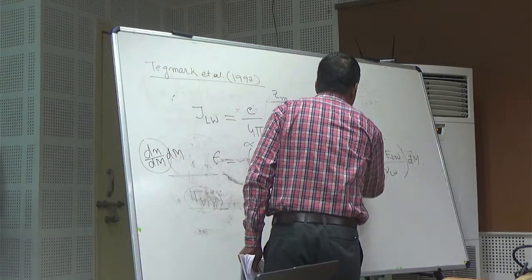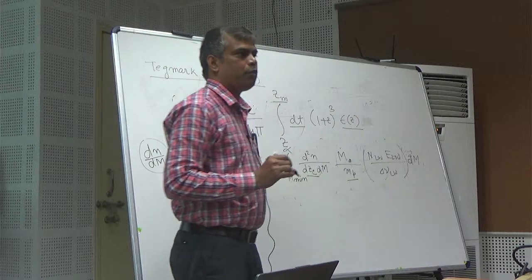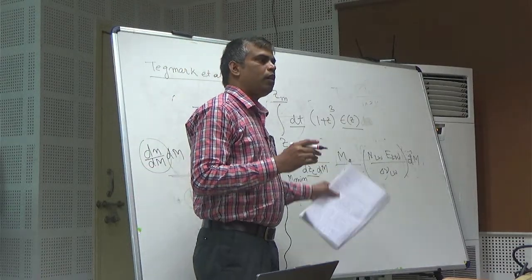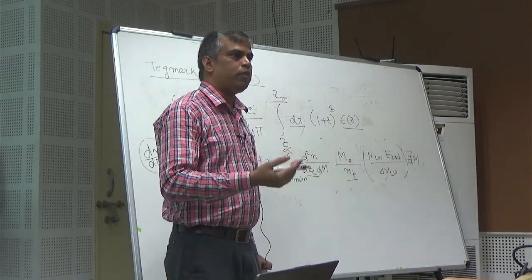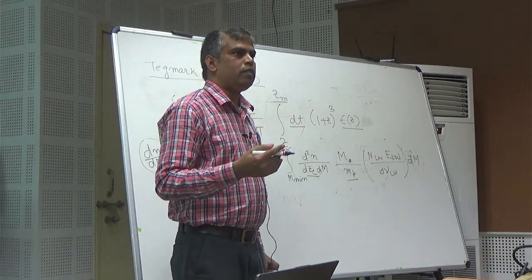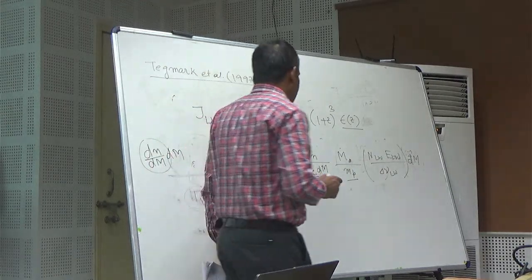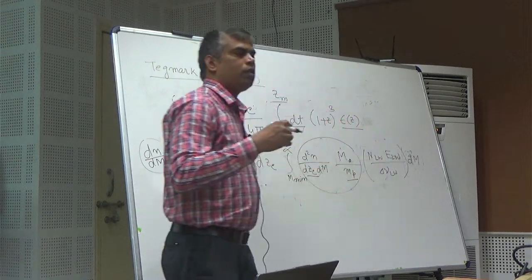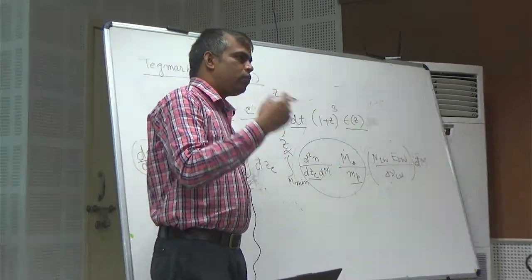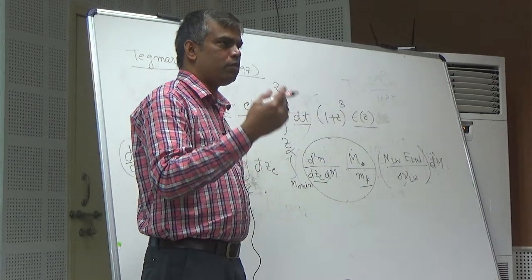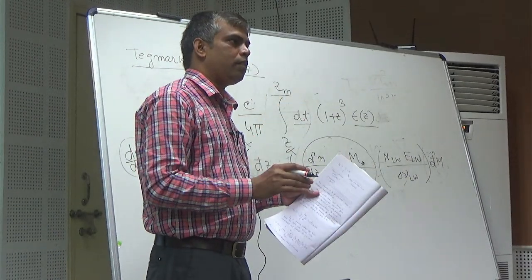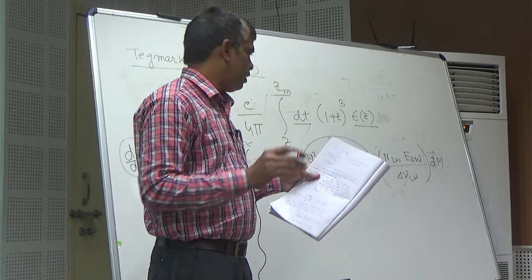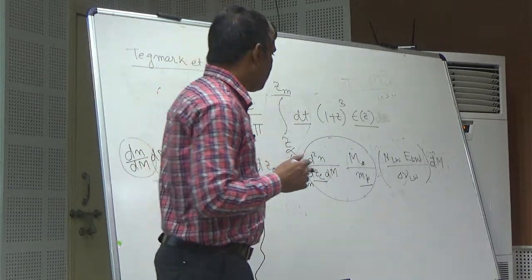Now we are dividing this by m_p, that is the proton mass, and that gives you the rate of change of baryons that are inside the stars. So basically these two quantities together give you the rate of change of baryons inside dark matter halos that are going into the stars.